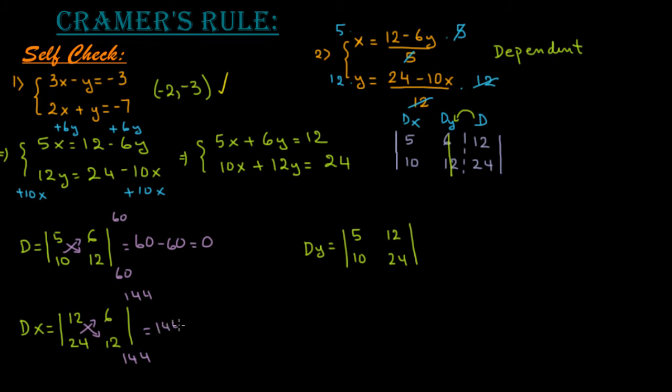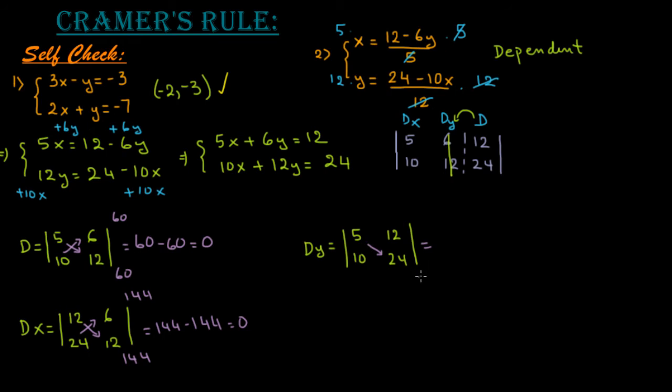So 144 minus 144 gives me 0 again. So the last one, dy. Since d is 0, if dy or dx is different from 0, I can say no solution. But if dy is also 0, then we will say there are infinitely many solutions.